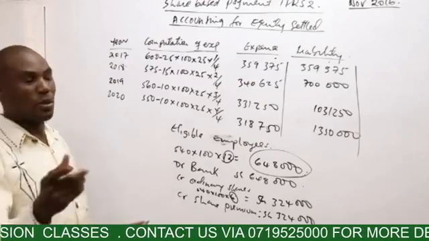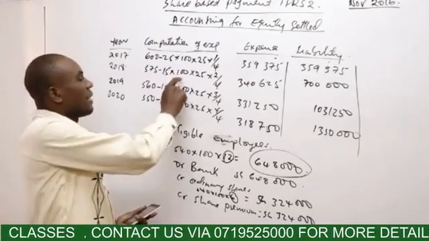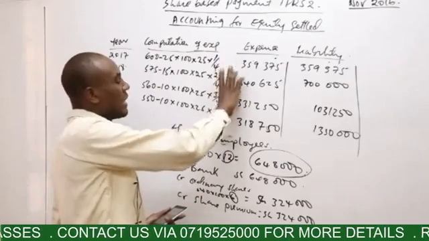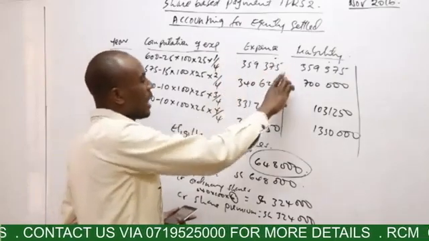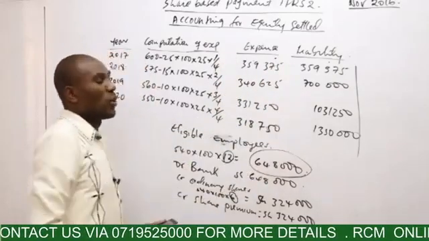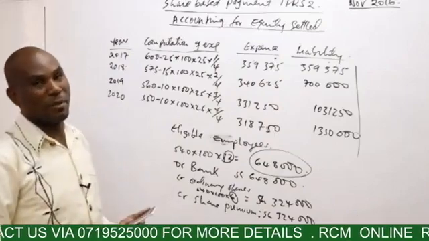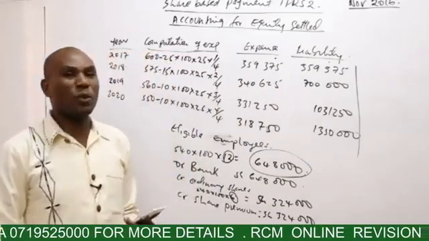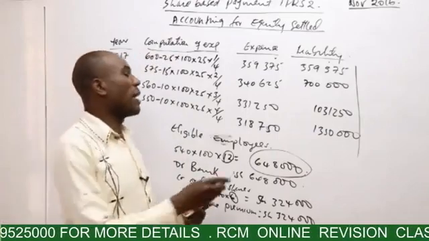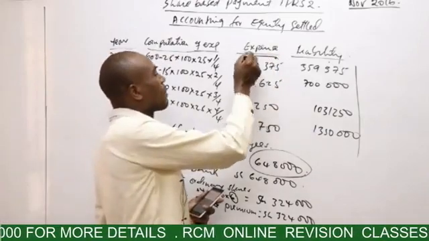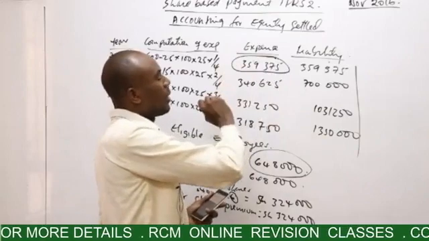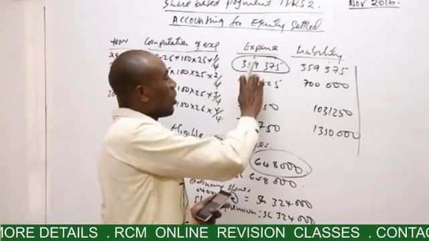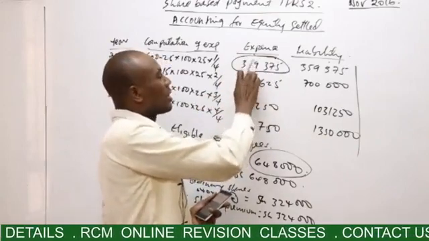Sometimes, good people, the examiner can give you this question component in a published accounts question. Remember, in published accounts, you are required to prepare the income statement and the balance sheet. If you are to prepare the income statement, we have the employee expense, the share-based option expense, that you need to report.